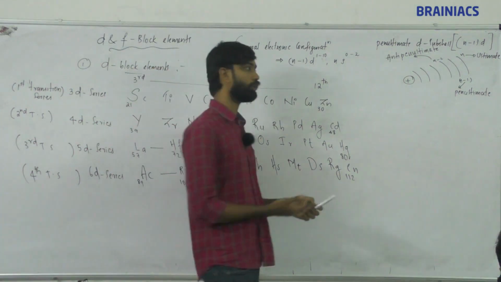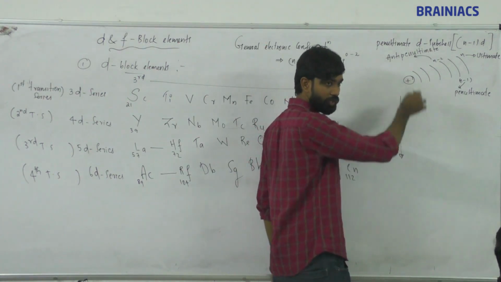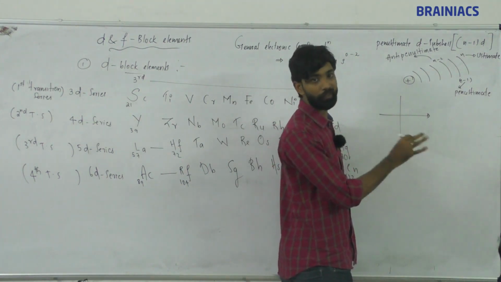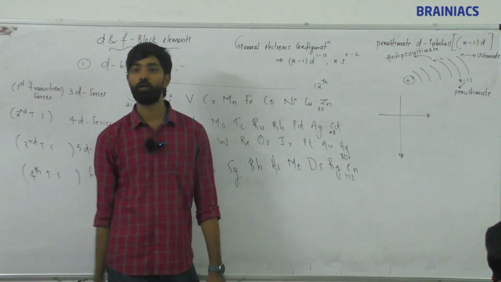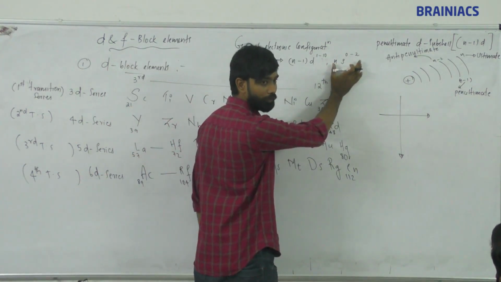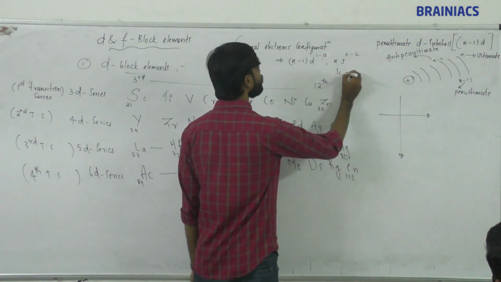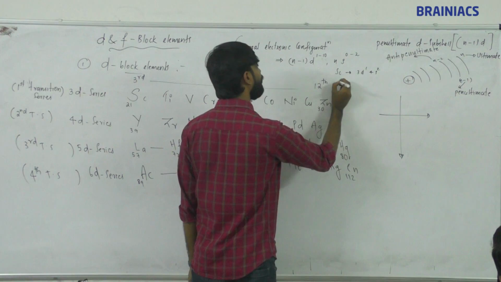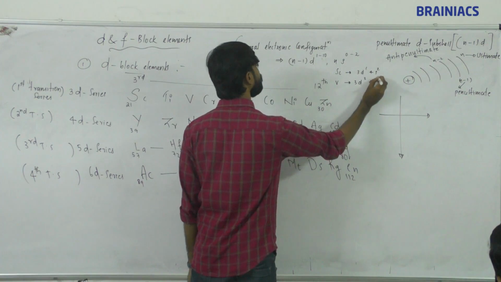Usually the properties of other groups are discussed in a vertical pattern, but here the properties are mostly discussed in a horizontal pattern. Why? Because their outer electron is always the same. Scandium has the electronic configuration 3d1 4s2, and vanadium has 3d3 4s2.